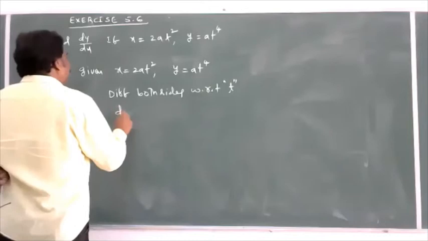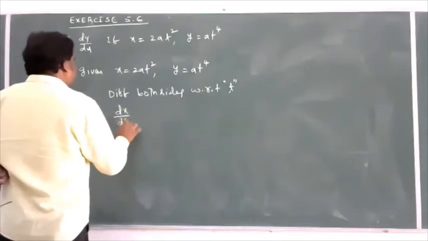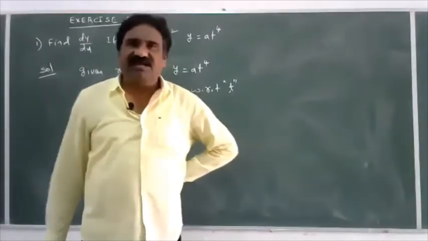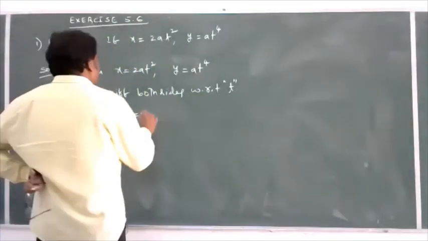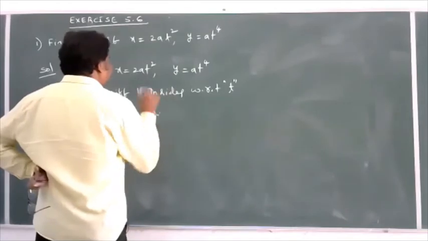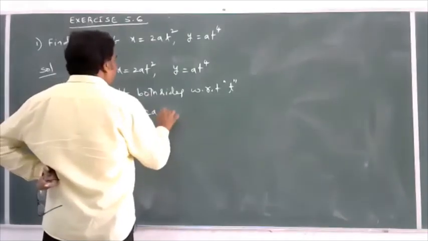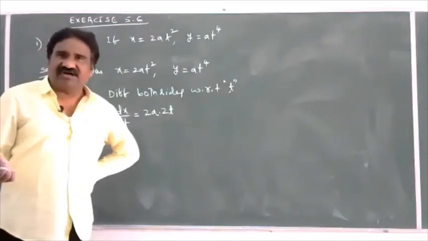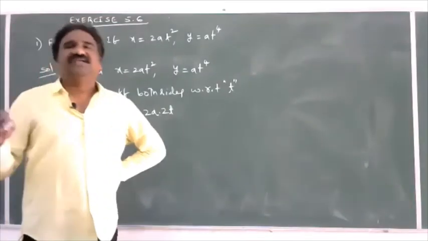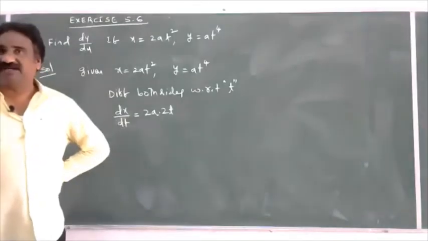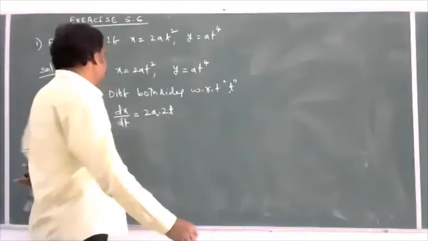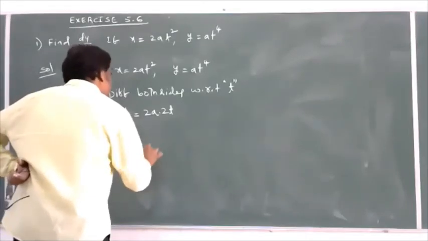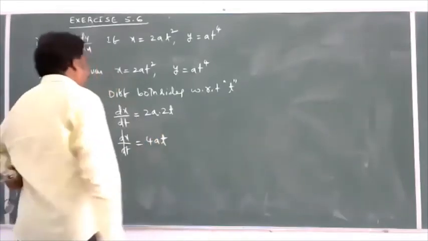So x derivative with respect to t, dx by dt, is equal to 2a, constant, into t square derivative, 2t. What is x square derivative? 2x. Like that, t square derivative is 2t with respect to t here. That is dx by dt is equal to 4at.